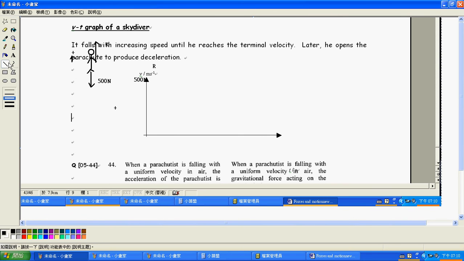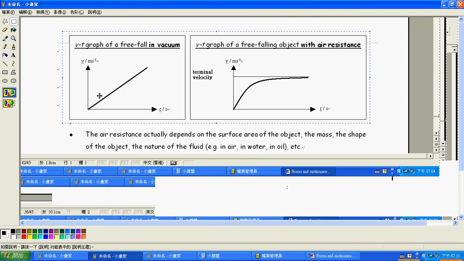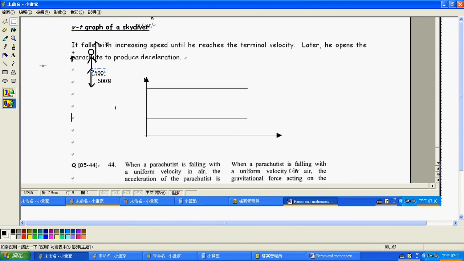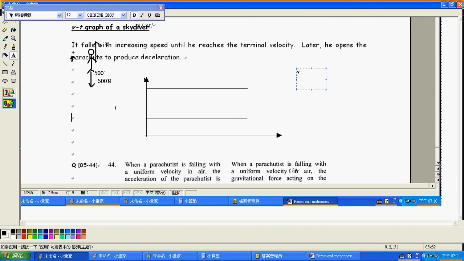In the first stage, let me put down two lines. And we have V1, V2.